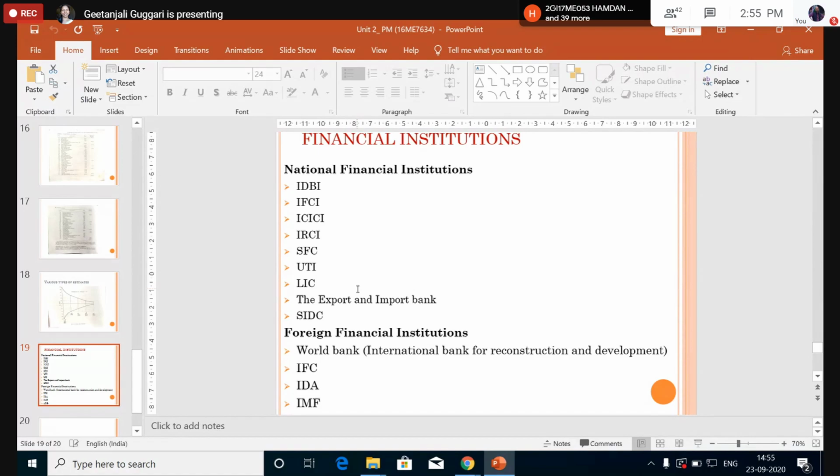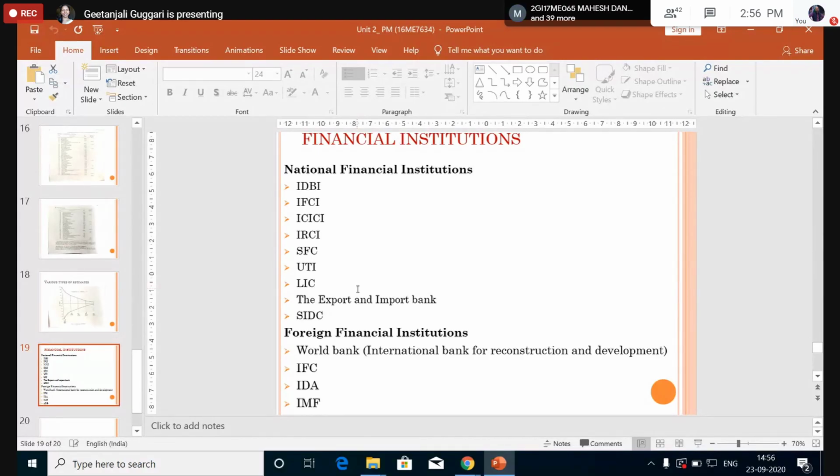So the industrial promotion activities, for example, project identification, preparation of the feasibility reports, identifying the entrepreneurs and assigning them to the project implementation and all. During the initial stages only you will be able to get the financial assistance from this SIDC.